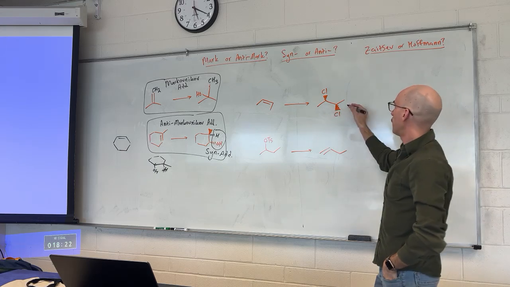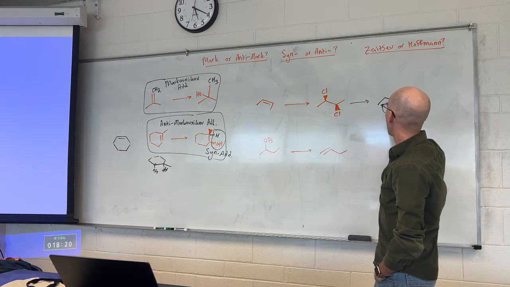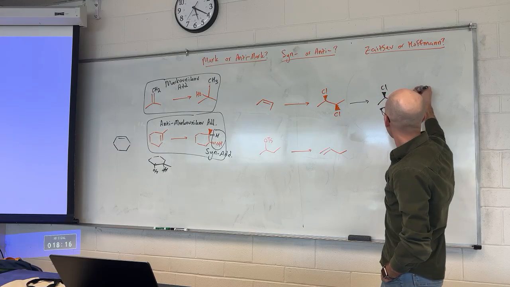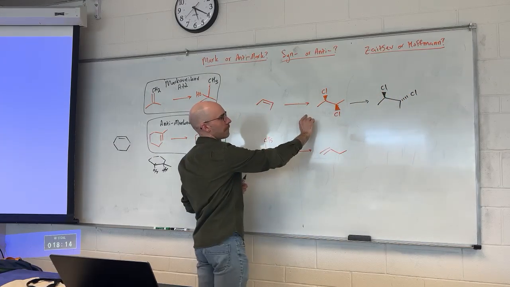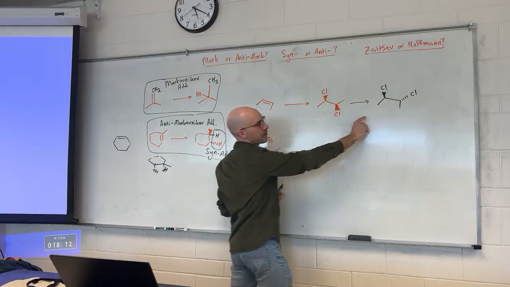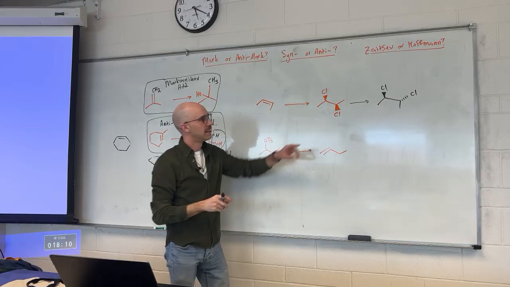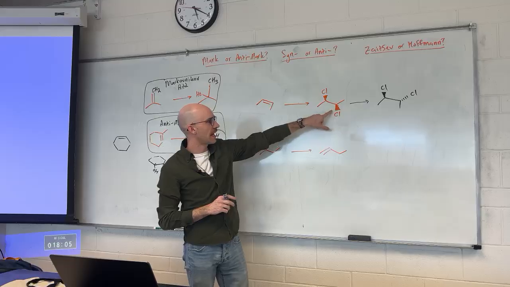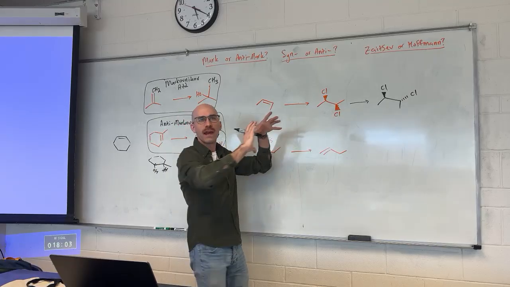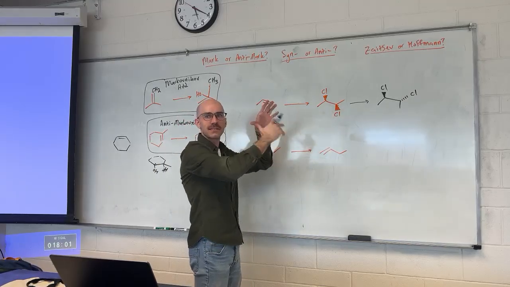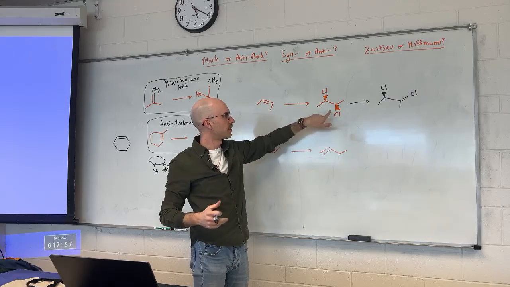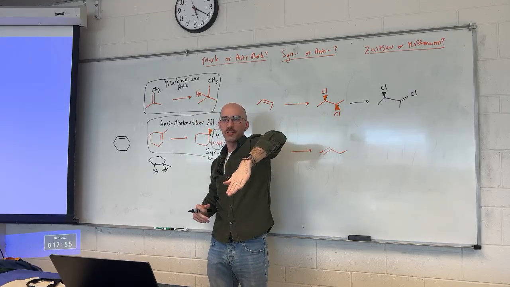I can draw a conformation of this molecule. Remember, I go from zigzag into zig-zig, and my absolute configuration is not going to change at this carbon, but the way that it's oriented in space does change as I start to rotate around that bond. So this chlorine group is pointed towards you.